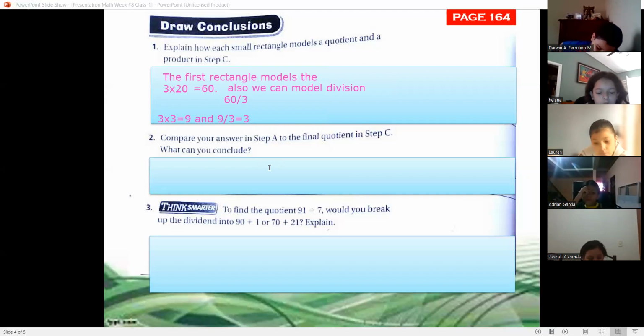So then, number 2, compare your answer of step A and the final quotient in step C. Let's check letter A and C in your book. What is the answer that you have? How many groups of 3 can you make? If you see the square, you have 23, right?